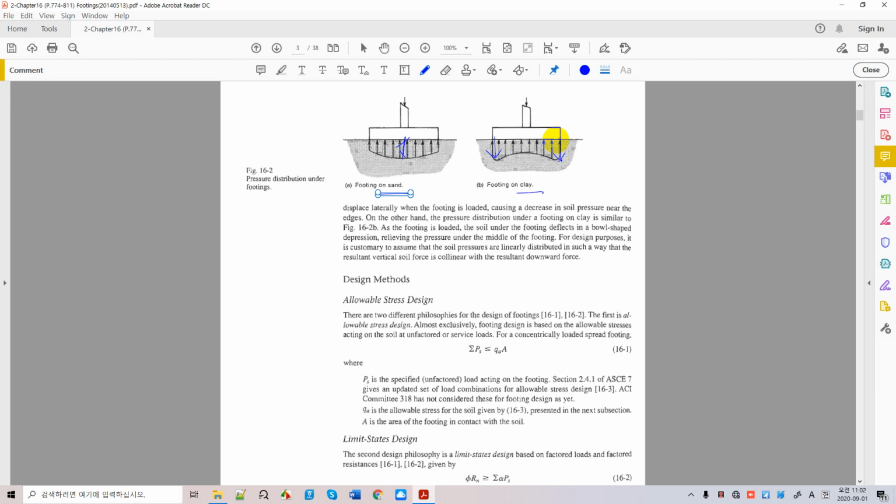So engineers make a uniform distribution out of these non-uniform pressure distributions, which makes the design easier and more practical. The foundation design is especially based on rectangular soil pressure, by which we calculate the size of shallow foundations.